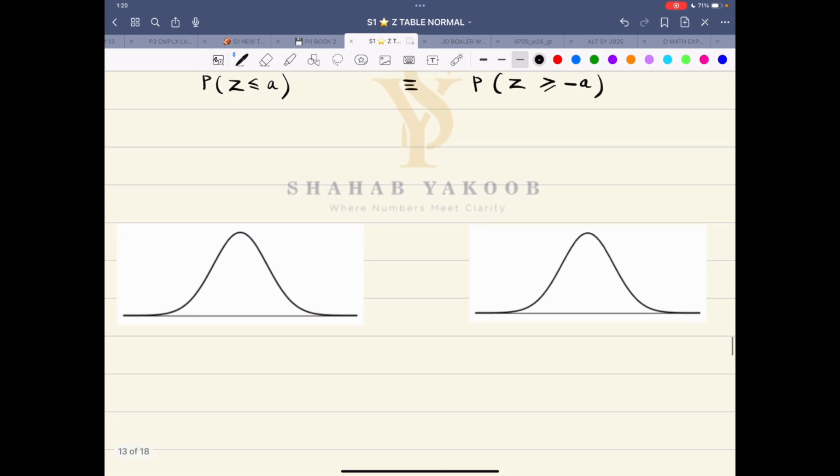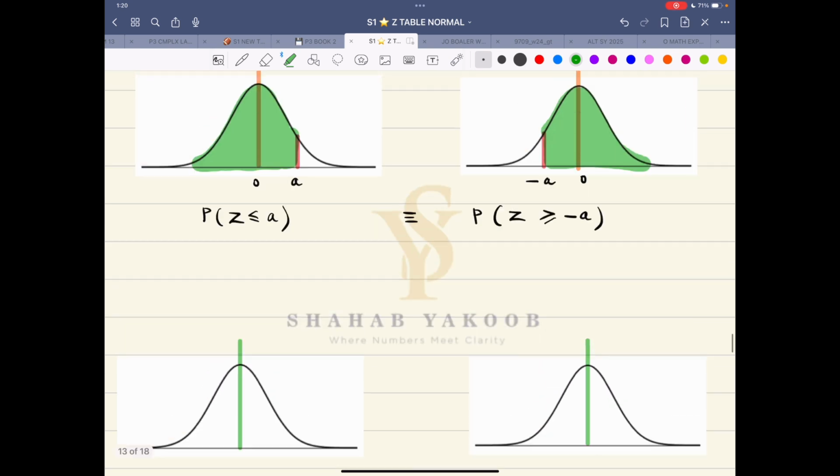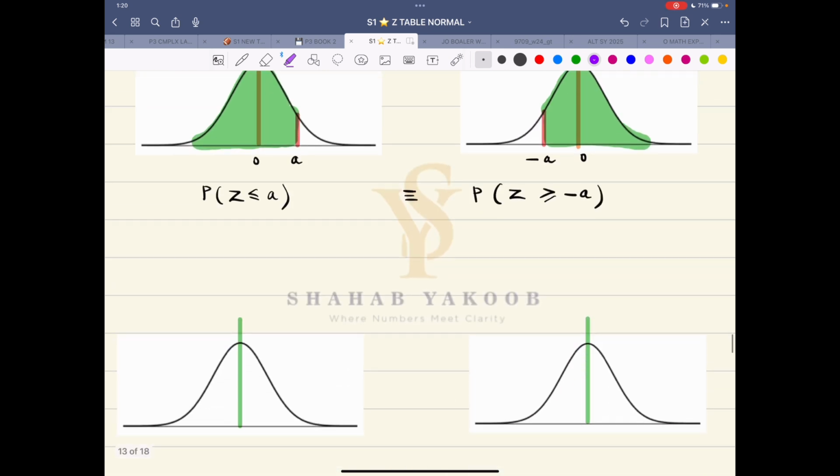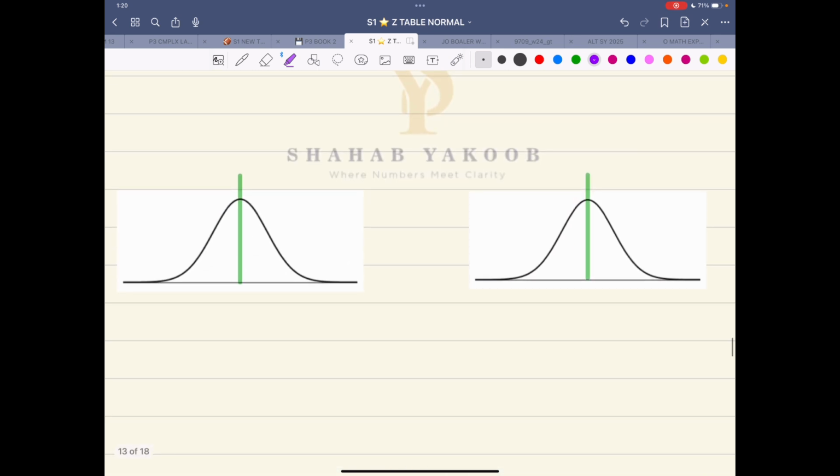That means if I am given a value, let me draw a vertical line over here, and let me choose a value, let's say 0.95 and the corresponding z value 1.645. So this is the z value, which is 1.645, and this is the other one.